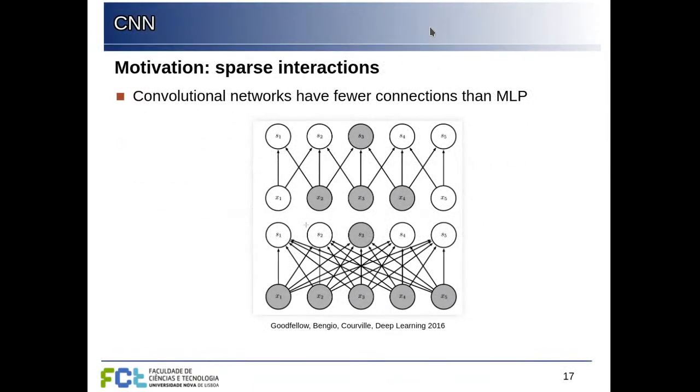So what do these things mean? The sparse interactions is this difference between having a dense layer where each neuron on the second layer here would have connections to all the neurons in the input layer or in the previous layer.